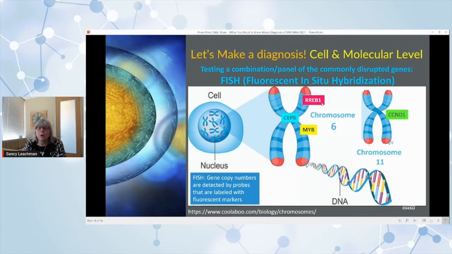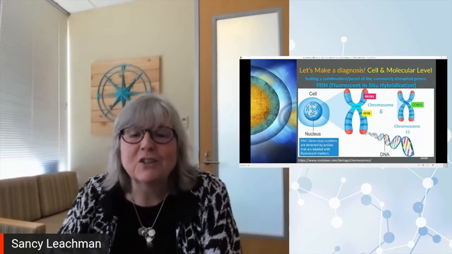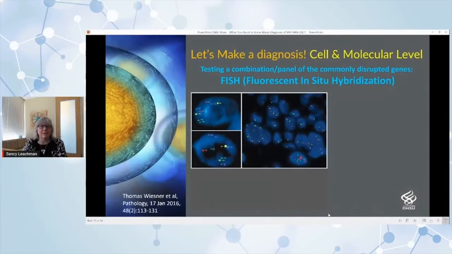And these 4 probes can be applied all at the same time. You break open the cell so that the probes can get in. They bind to the chromosomes, and you can start to see whether or not there's more than 2 copies or less than 2 copies. And I'll show you an example. If you really want to look, there are some places you can look at more detail if you want.